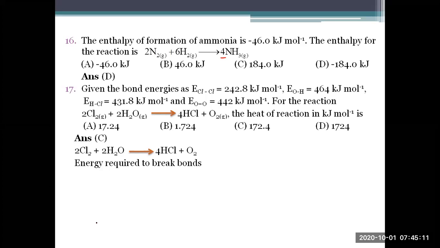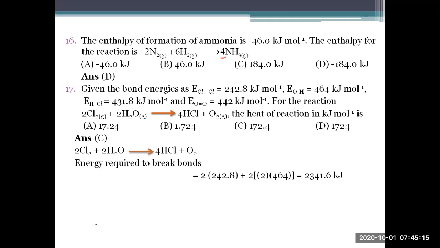For reactants, energy is required to break the bonds. We'll calculate the overall energy required for breaking all the bonds there. Better you remember this. On the reactant side there is Cl-Cl and water, and each water has 2 OH bonds, right?